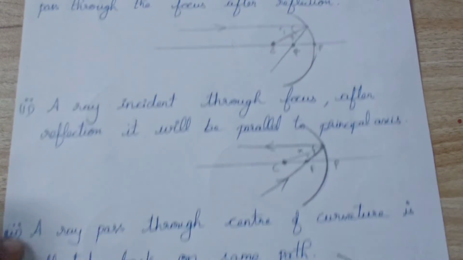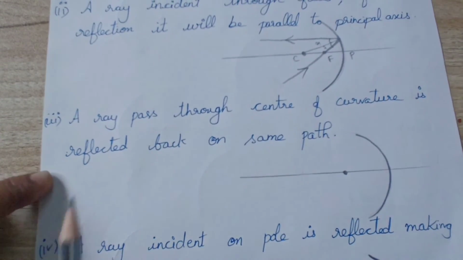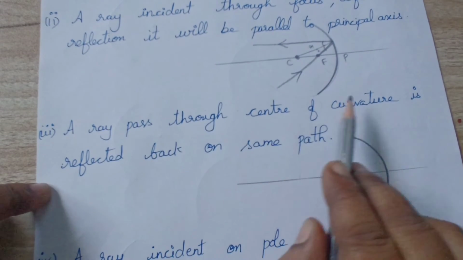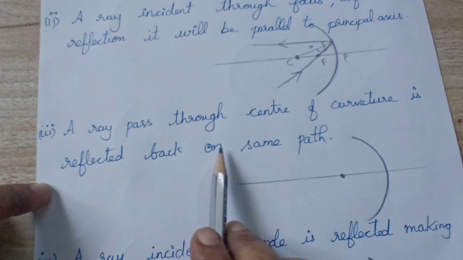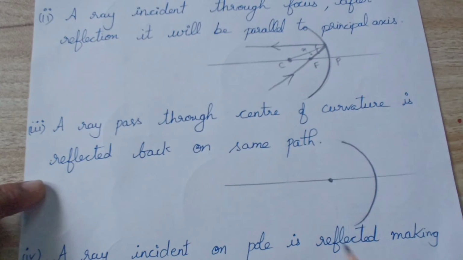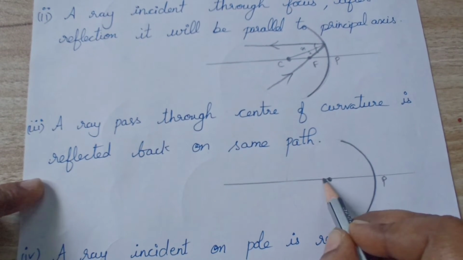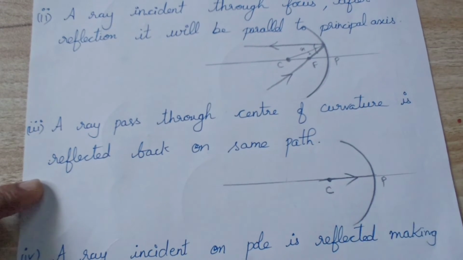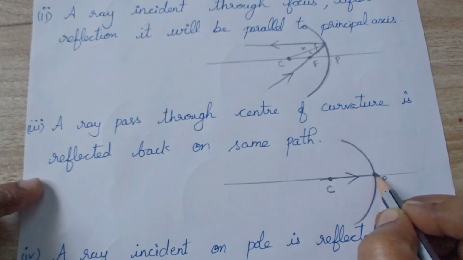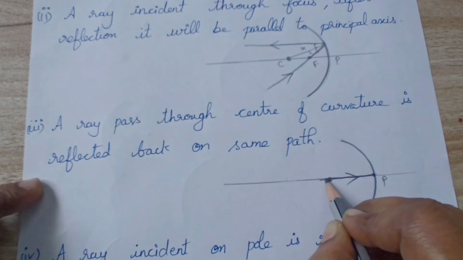Next, the ray passed through the center of curvature is reflected back on the same path. It's very simple. So this is your C, this is your P. If a ray is passed through this center of curvature, what is the normal at this point? This is the normal at this point.